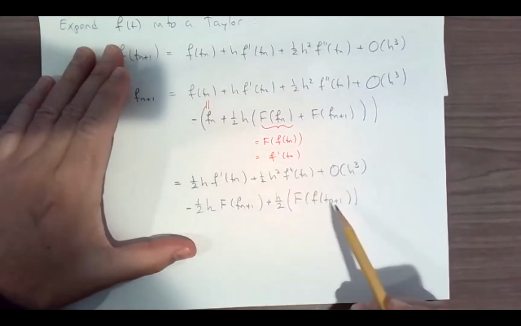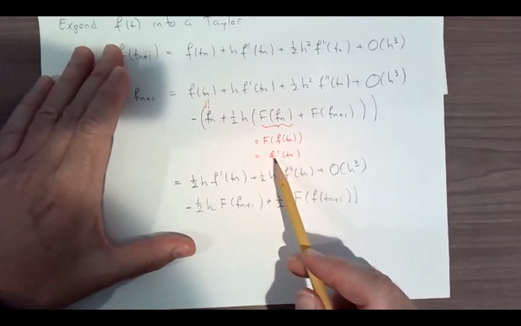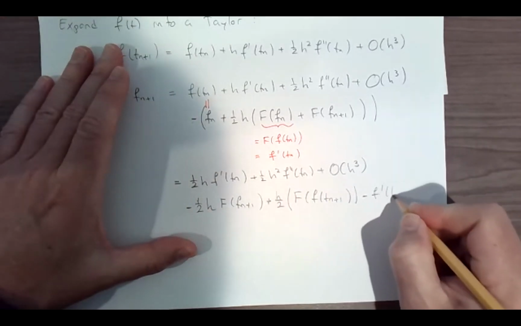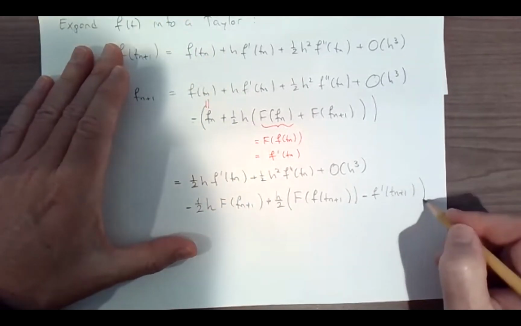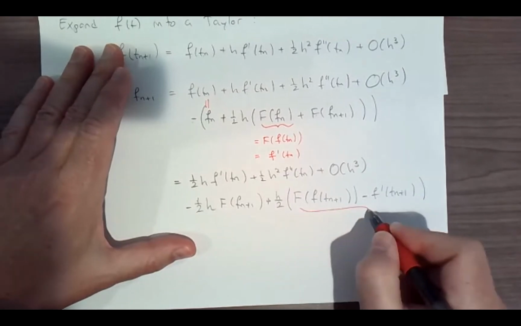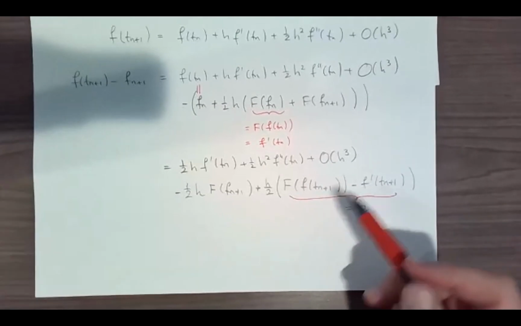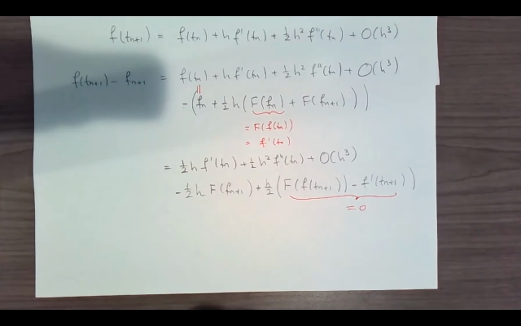So just as before, when I plug in f evaluated at that point, I'm going to get the correct one. So if I subtract away here f prime at Tn plus 1, this is going to be a 0. Right? This term here is 0. So I did nothing else than add 0, and that's of course not going to disturb the equality sign.